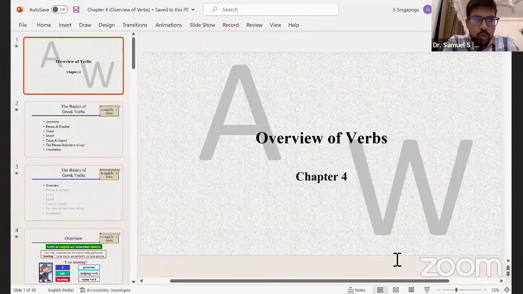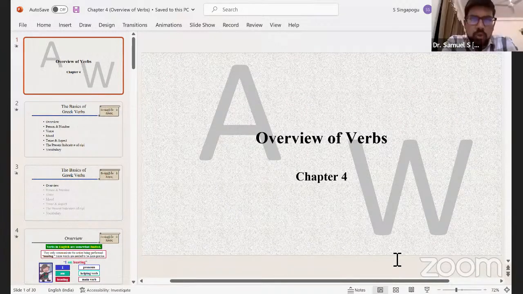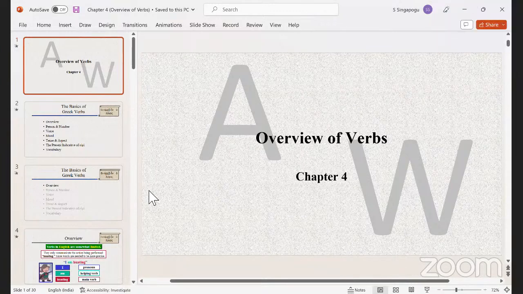It's foundational to the way we understand the language. And the reason is that verbs are perhaps the most important part of speech in Greek. Everything seems to be centered on how verbs work, and it's important that we understand how they function.